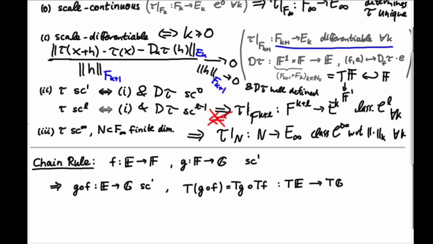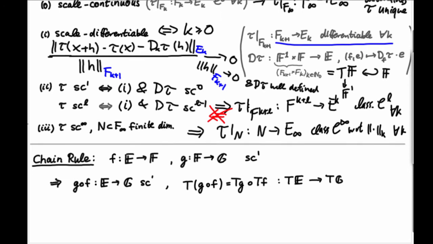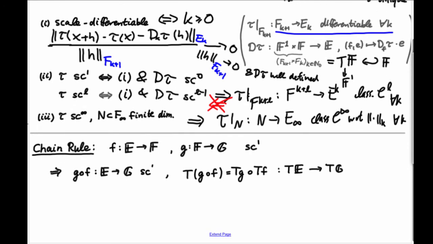And here I need to be careful. Here I've mapped the tangent space of F to E. So in order to be able to compose these, I need to actually use something that's a little bit bigger than D. I need the tangent map. So TF should map not just T. Oh goodness, now I've switched things.